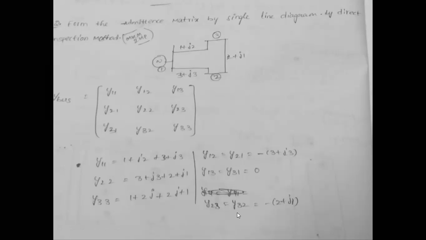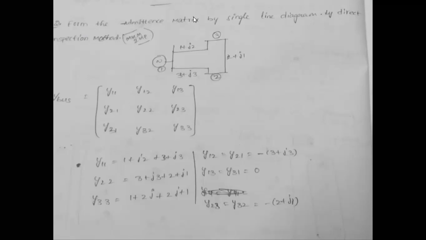Y12: do we have any connection between 1 and 2? Yes, that is 3 plus j3. Then we mention minus of 3 plus j3. Why are we using that minus?